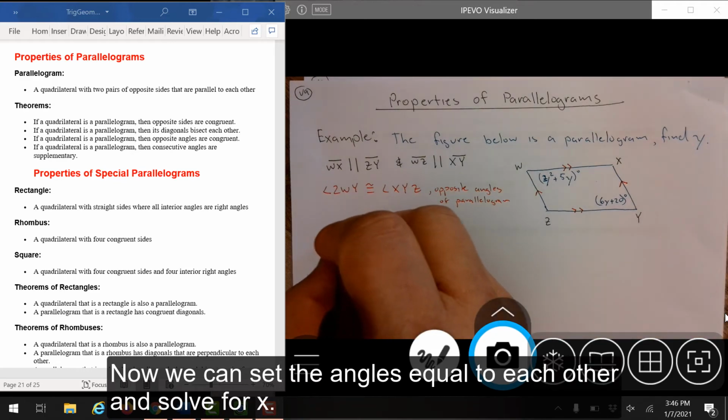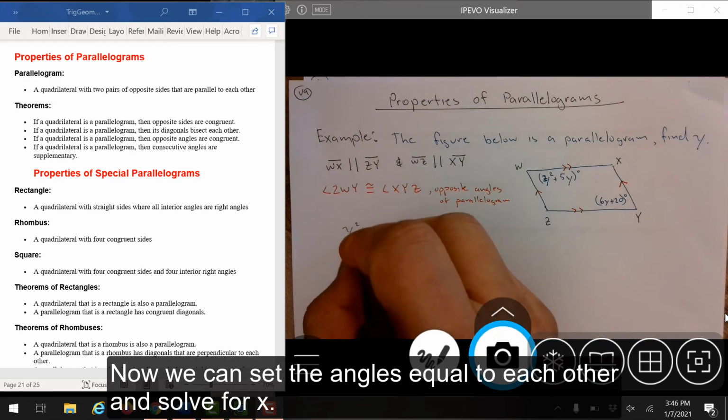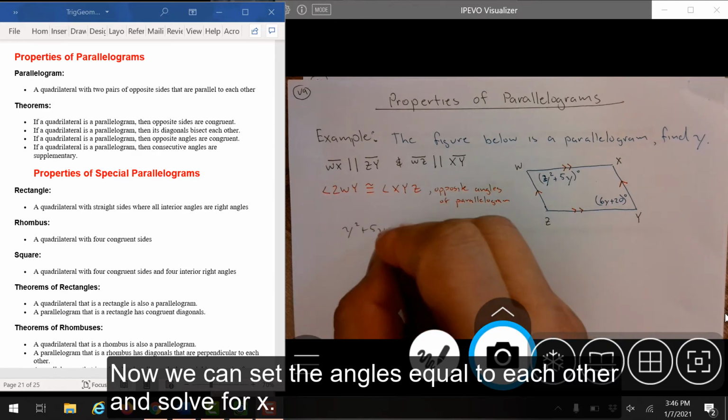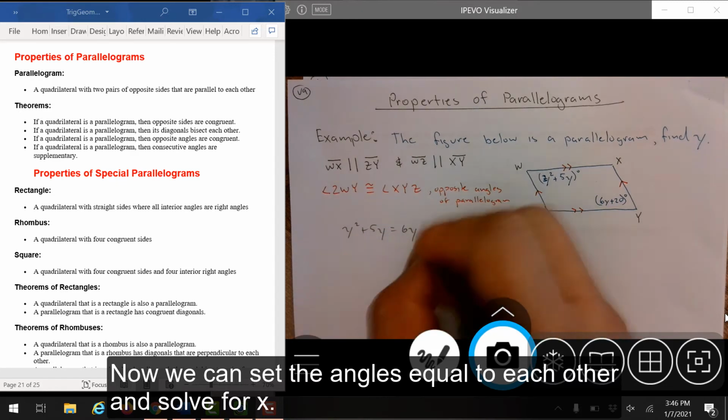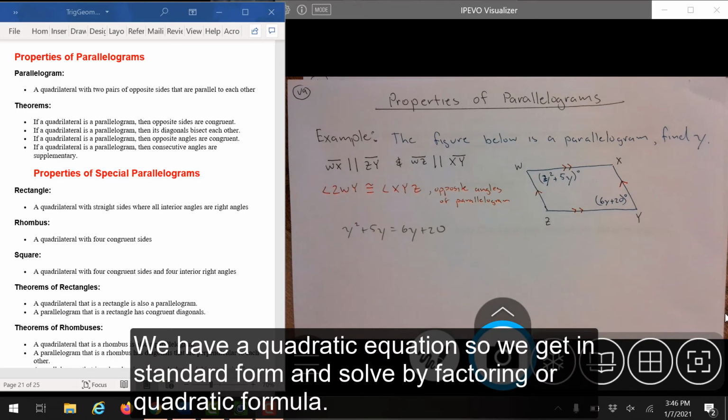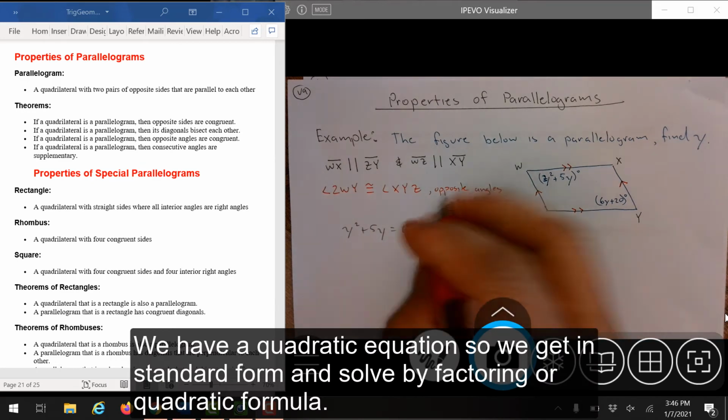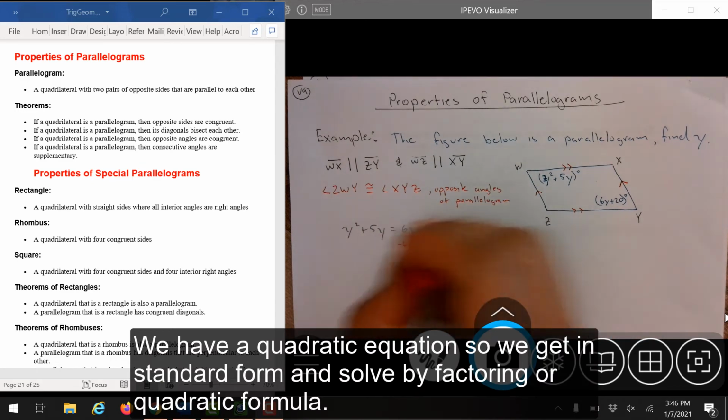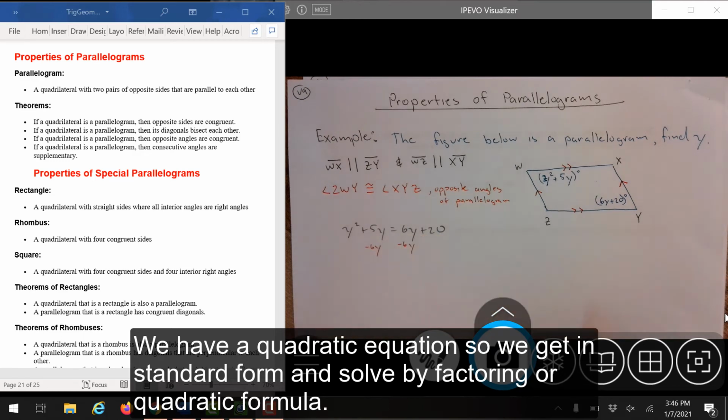Now we can set the angles equal to each other and solve for x. We have a quadratic equation, so we can get it in standard form and solve by factoring or quadratic formula.